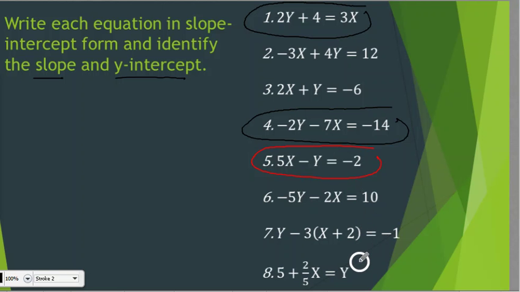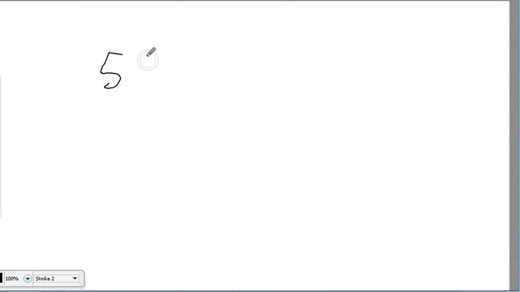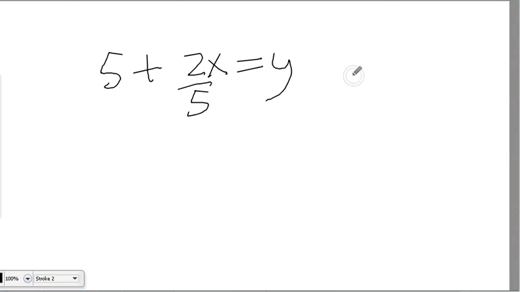Okay, the next one that I want to look at with you is number 8. So we've got 5 plus 2/5 x equals y. Okay, now in order to get this equation into slope-intercept form, we want the y term on the left side of the equation and the x term and the constant on the right side of the equation.